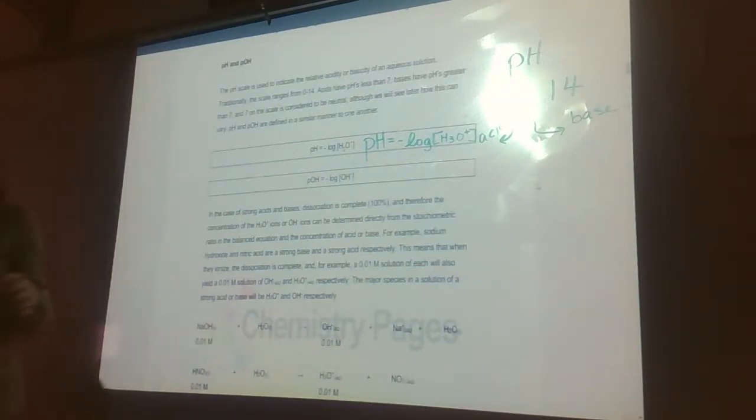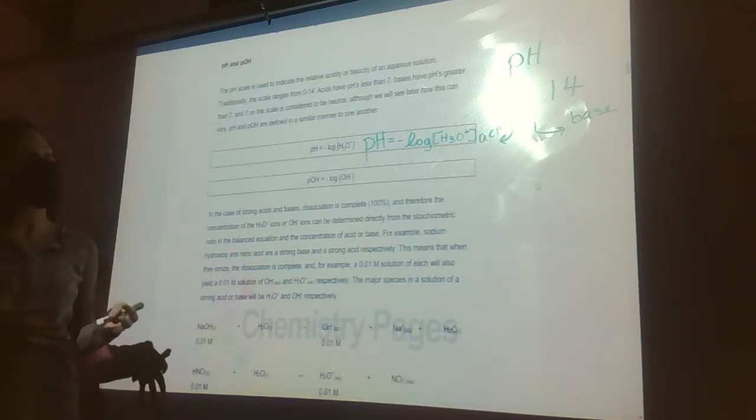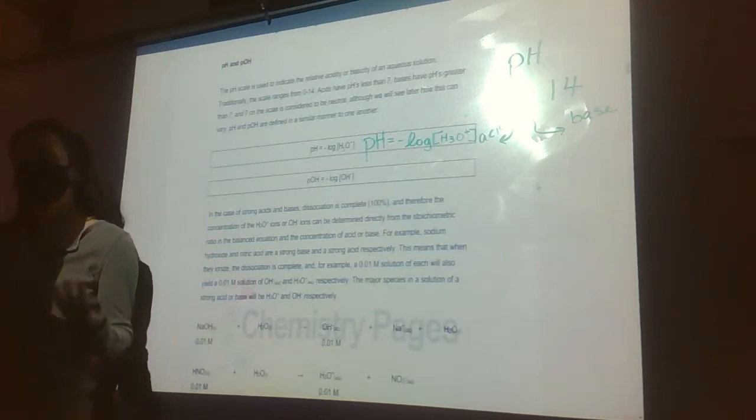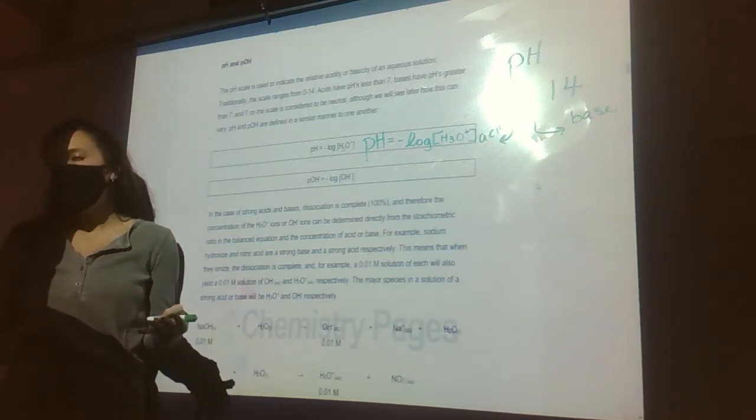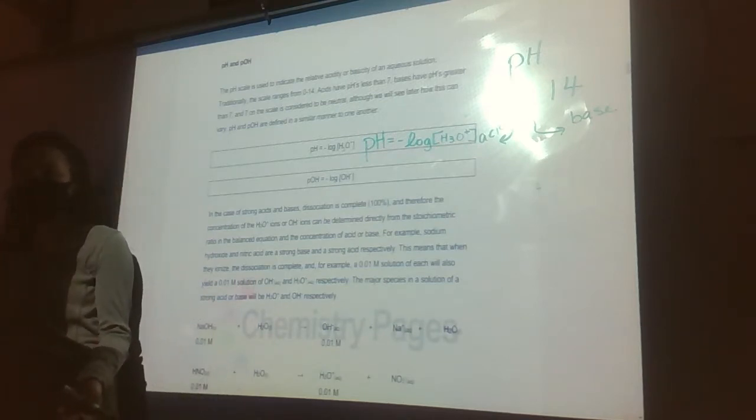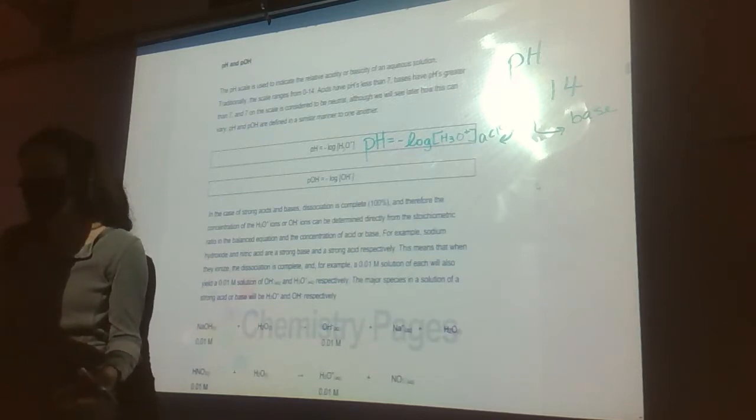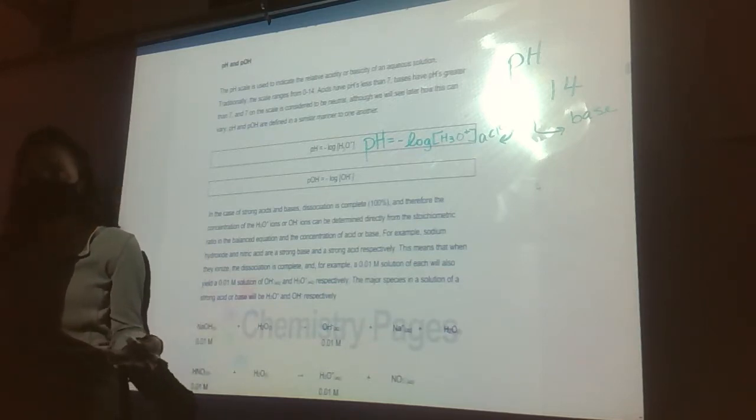So finding the pH from the amount of hydronium that you have gives you an idea of how acidic something is. The lower the pH, the more hydronium there is, the more acidic it is, or whatever.